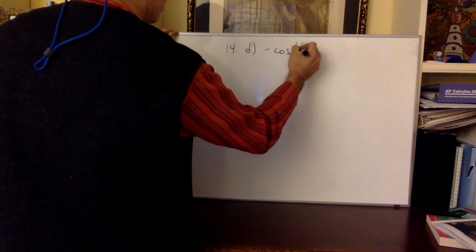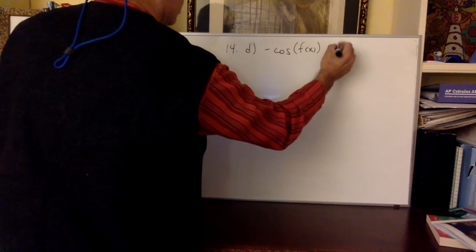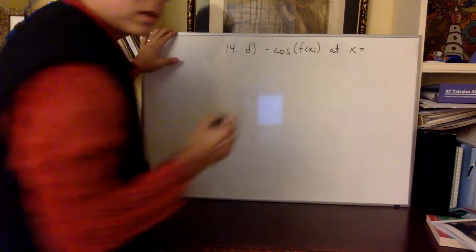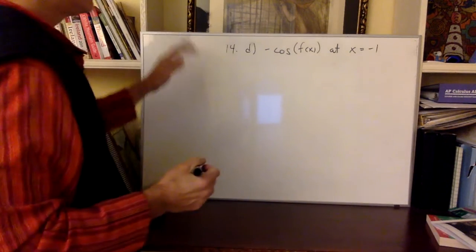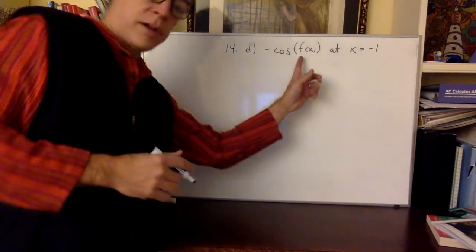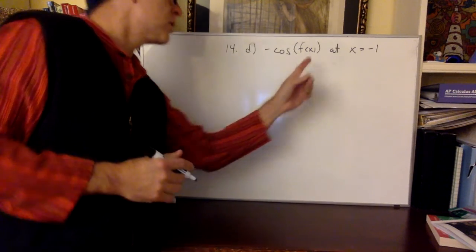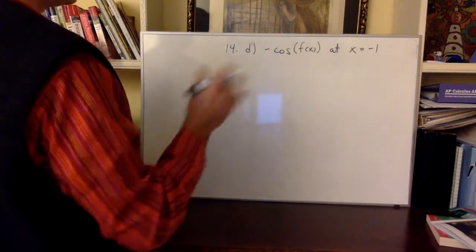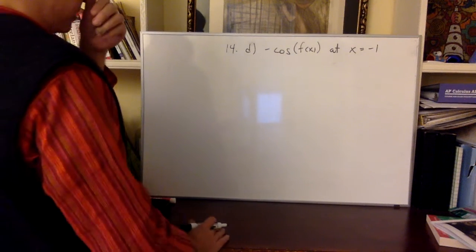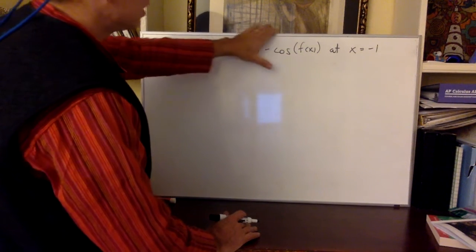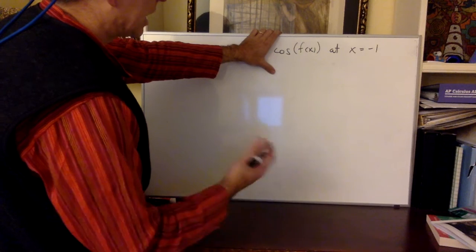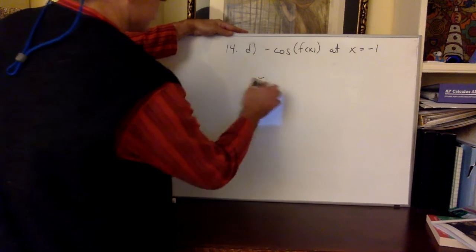Negative cosine of f of x at x equals negative 1. Okay, so same deal here. You have the inner function. So I'm just going to say, hey, what's the derivative of cosine of blob? I'm kicking out the negative for a second. The derivative of cosine of blob is negative sine of that blob. So there's my minus sign.